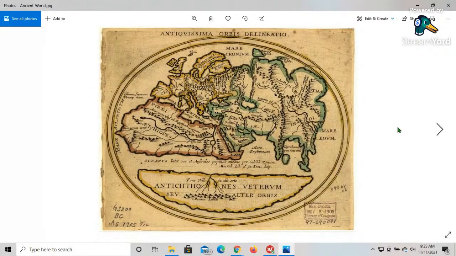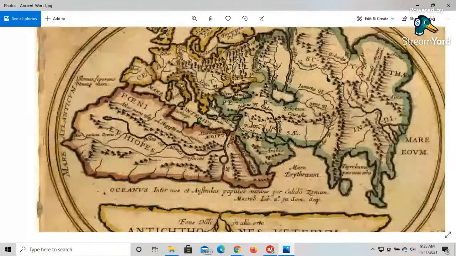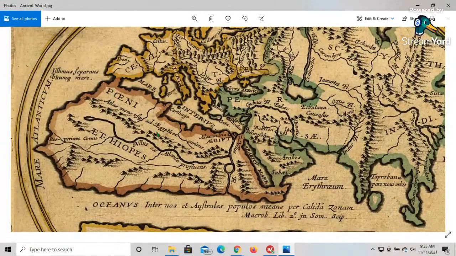Here's an old map that's interesting. They have Africa connecting to Iberia. They have the Horn of Africa connecting to Saudi Arabia.